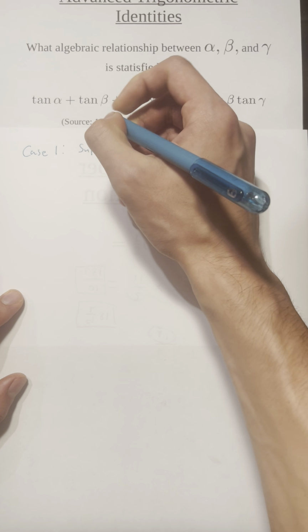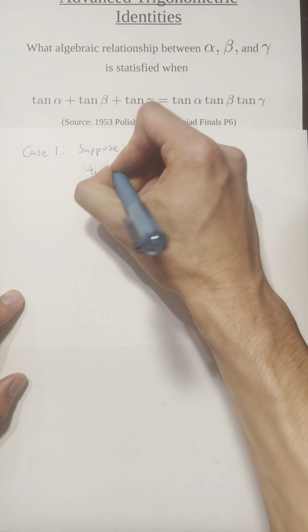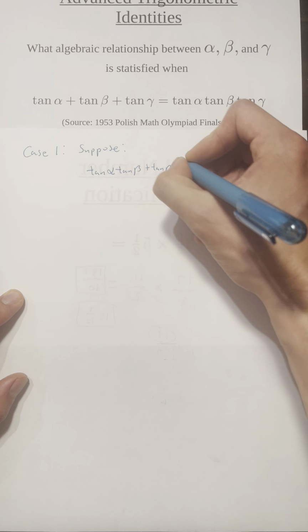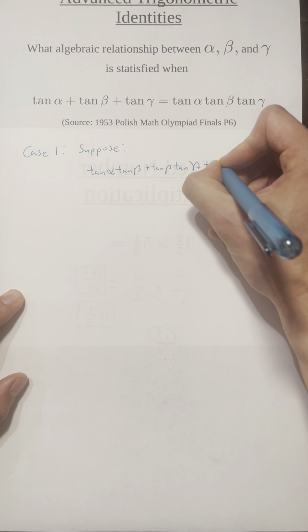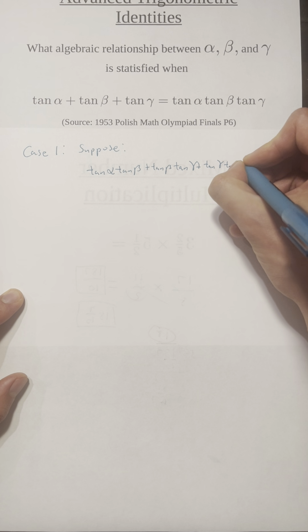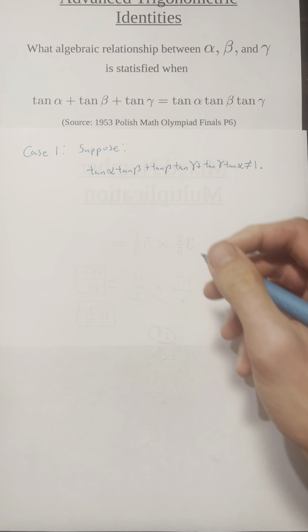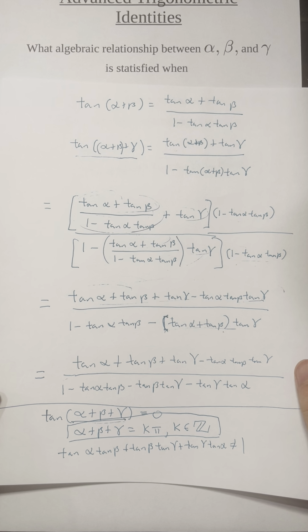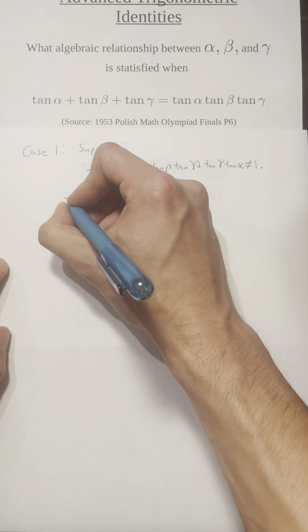Suppose tangent alpha times tangent beta plus tangent beta times tangent gamma plus tangent gamma times tangent alpha is not equal to 1. Then we can use what we found out on this sheet. So how should we write it? Okay.